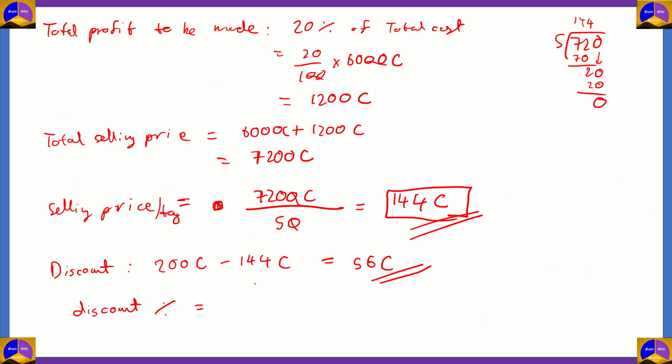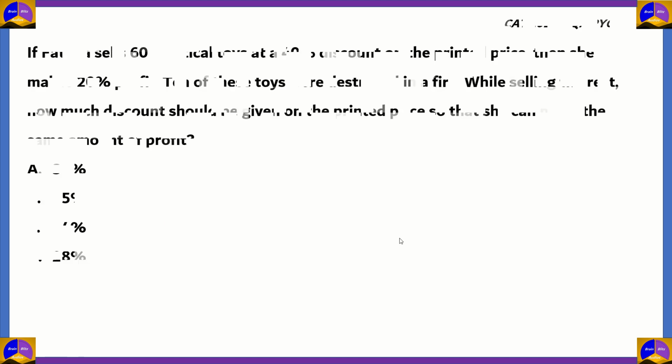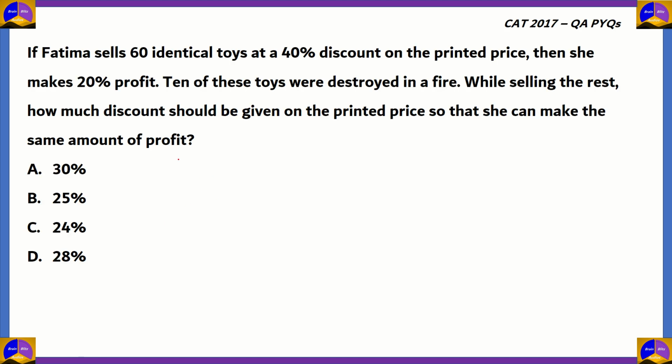So discount percentage in this case would be 56C over 200C into 100. The Cs get cancelled. The zeros from 200 and 100 get cancelled. What we get is 56 over 2, which, if you divide that, will be equal to 28%. So if you look at our question, the correct answer would be option D, 28%.